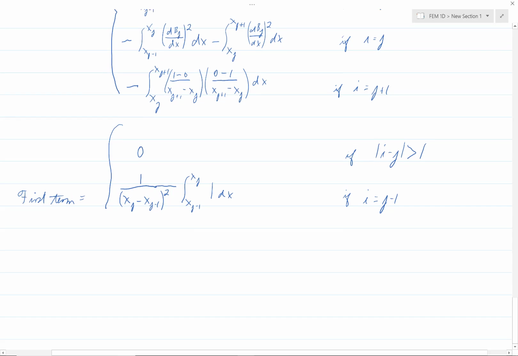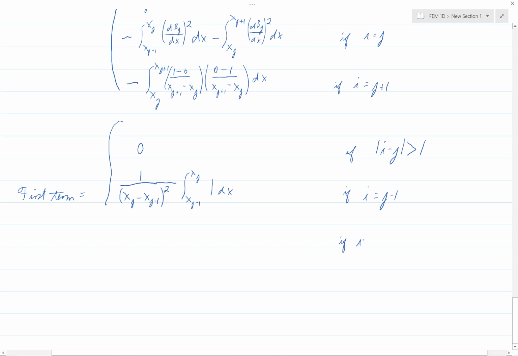Okay, now let's go to the case if i equals j. What does that one become? Well, we get minus the dbj dx between xj minus 1 and xj. It's going to be a constant, so we can pull it out. And so it will be (1 minus 0) over (xj minus xj minus 1), and that's all going to be squared.